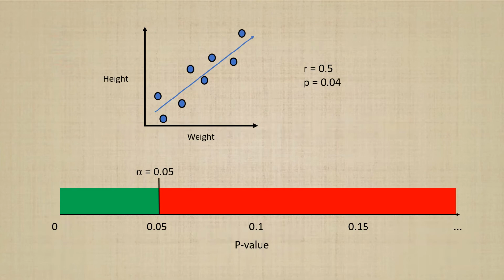For example, our correlation between height and weight would not be statistically significant at an alpha level of 0.01, meaning this test is underpowered. However, this effect would be statistically significant at the alpha level of 0.05. Increasing the alpha level therefore increases statistical power, but also increases the risk of false positives.